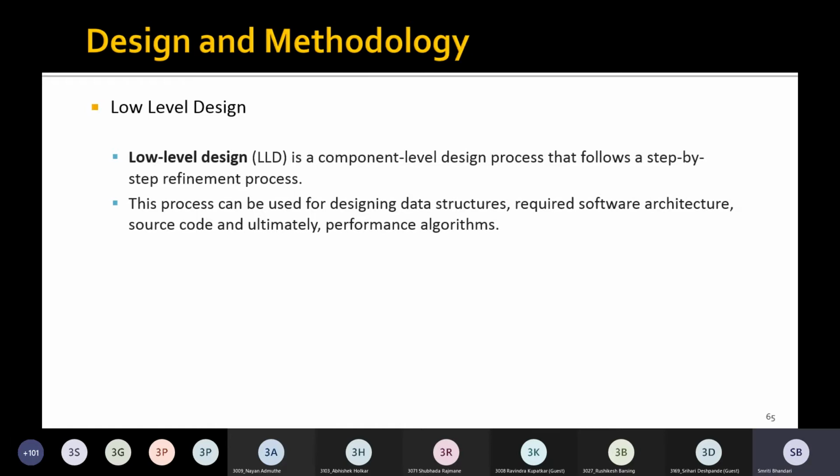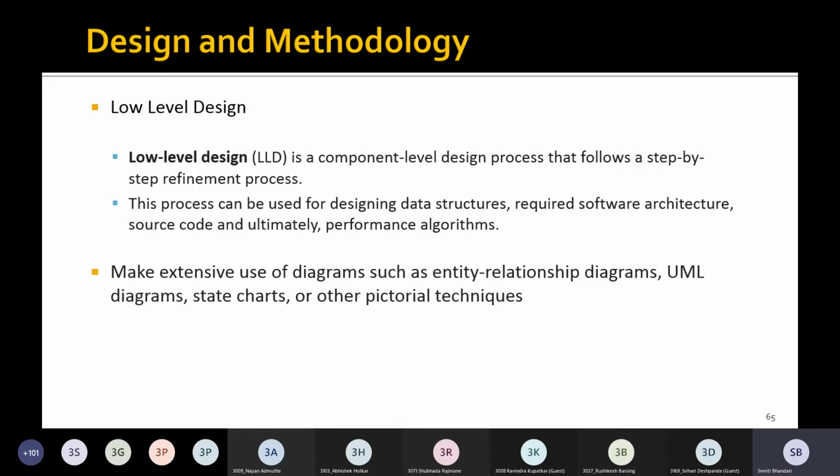So how you are going to design the data structures, what is the required software architecture, the source code, how you are going to measure the performance of the algorithms, everything in detail you need to provide here under low level design. Okay. Now, if your project requires some sort of database at the back end, okay, then you should come up with the database design also.